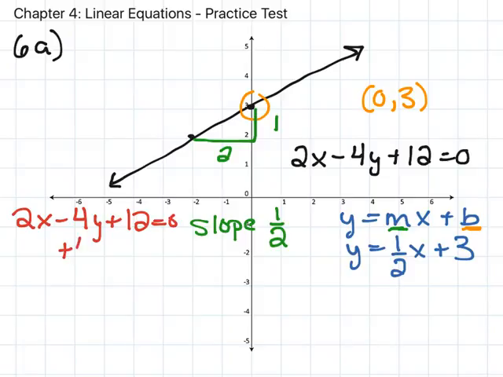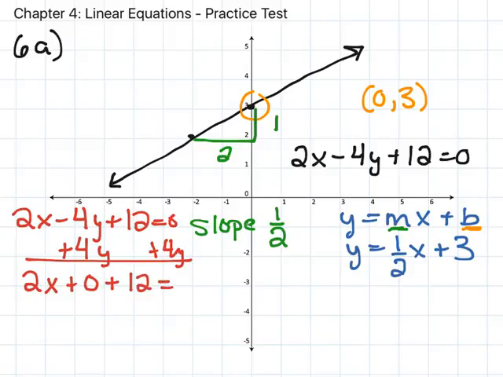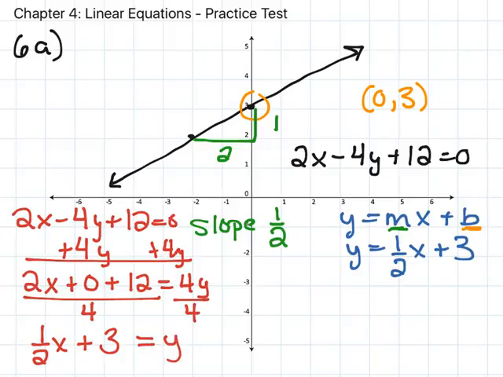So we're going to add 4y to both sides, which will give us 2x plus 0 plus 12 equals 4y. So we have to divide everything by 4 to get y by itself. 2 divided by 4 is a half x plus 12 divided by 4 is 3 equals y. And again, you can see your y-intercept and your slope.